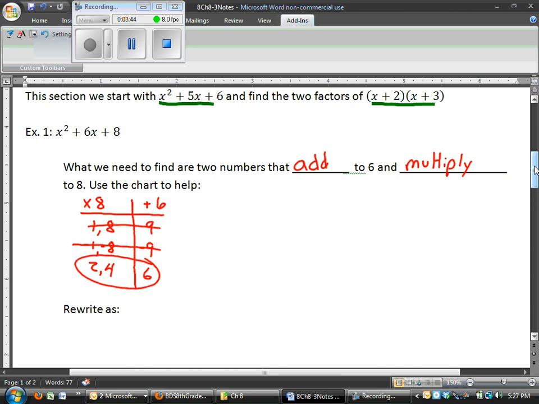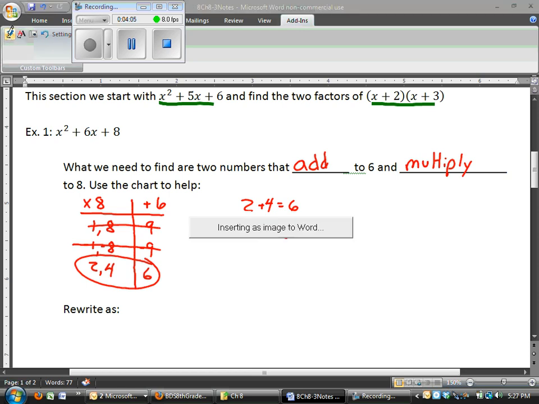There it is. There's my 2 numbers, 2 and 4, because 2 and 4 add to 6, and I can write it over here just to check. 2 plus 4 is 6. 2 times 4 is 8, which is what I wanted. Okay?